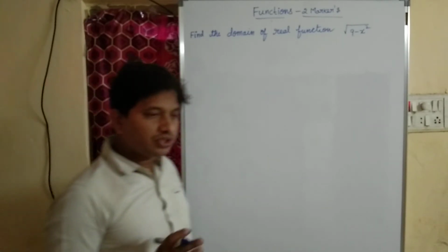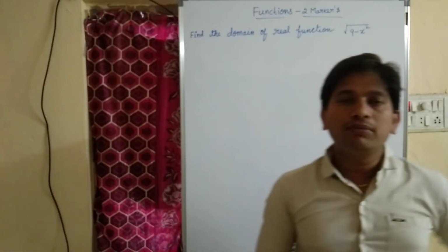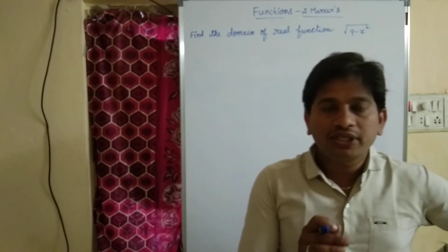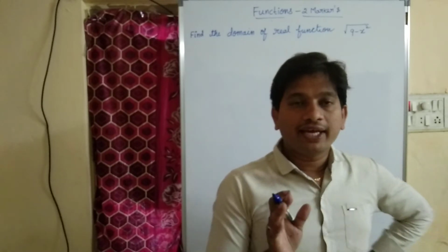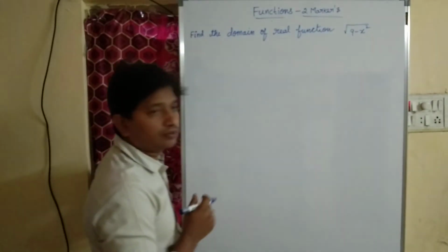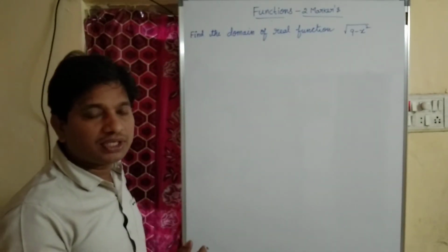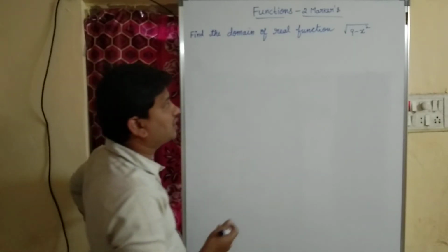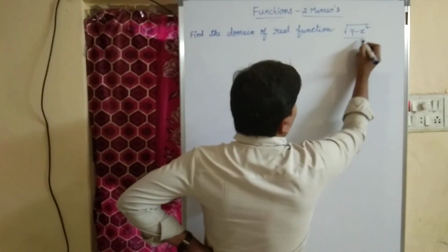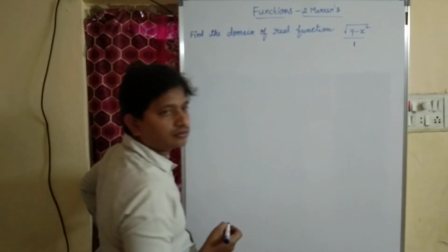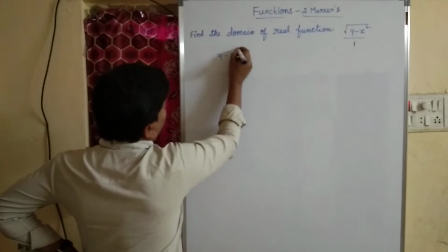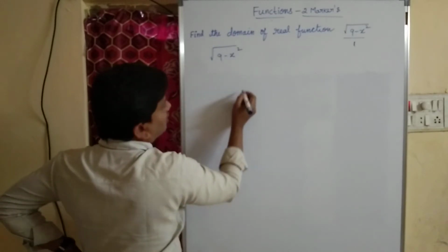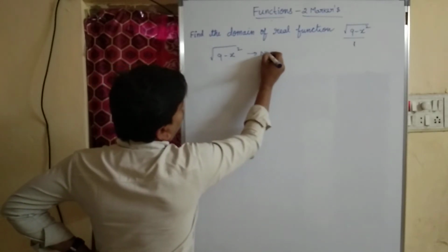So the first thing, children, you have to remember: if the expression is in the form of a root and that expression is in the numerator, see, root over 9 minus x square, here the denominator is nothing, I mean 1. The expression 9 minus x square, I mean root over 9 minus x square, is in the numerator.